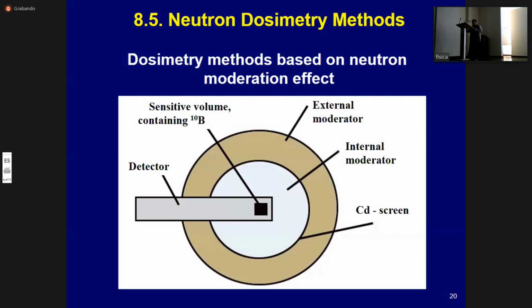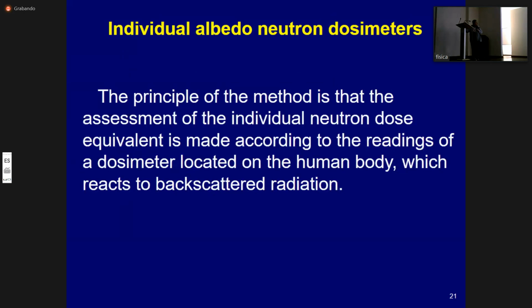Then, if the measurement will be performed using a dosimeter radiometer. And afterwards, albedo neutron dosimeters are based on the moderating and scattering properties of the human body.